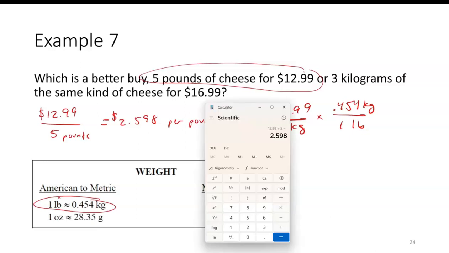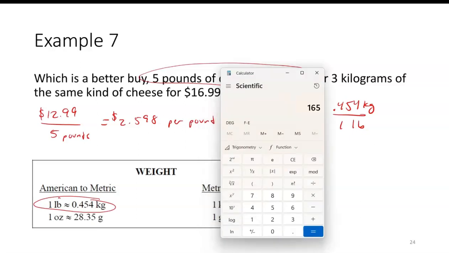So what I have is $16.99 divided by 3, and then times the 0.454.